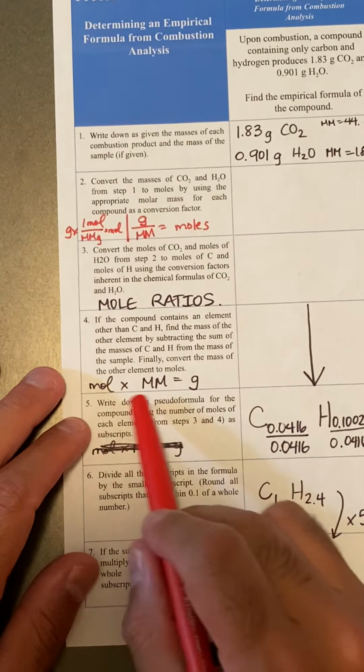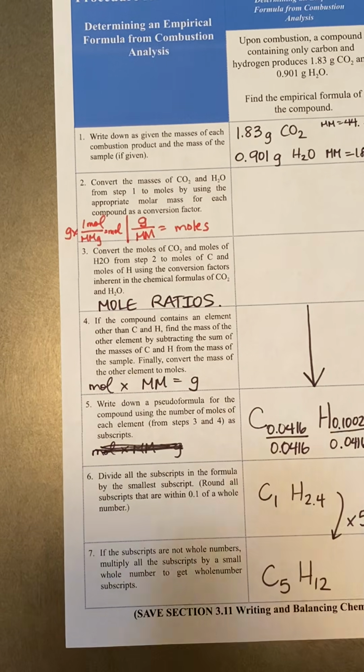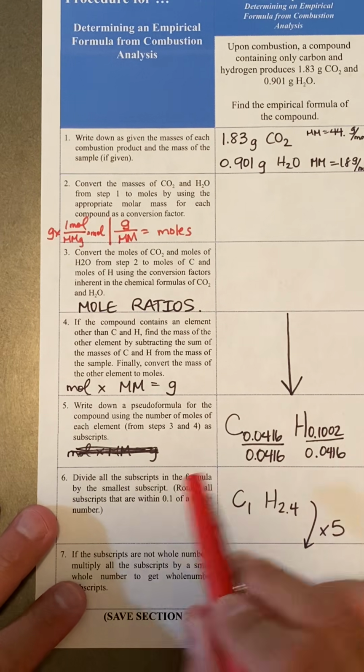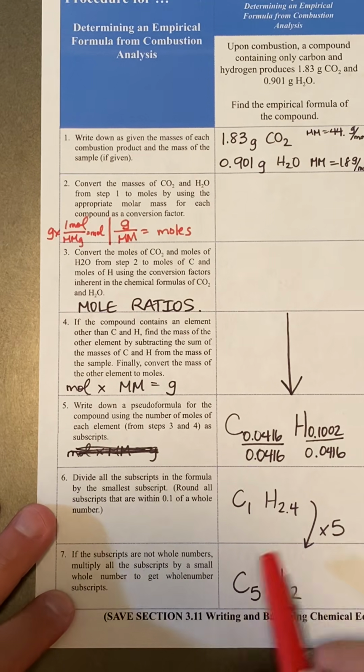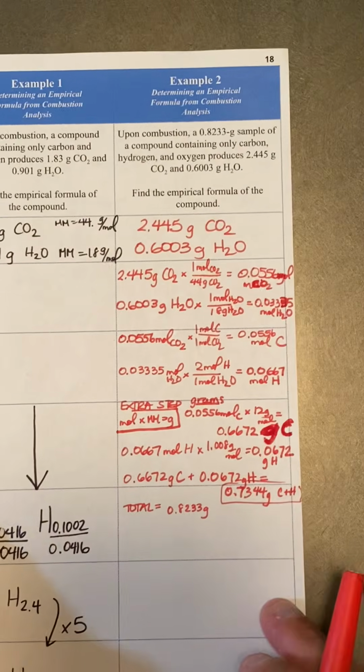And then write down a pseudo formula, because I'll have to convert those grams back into moles. I'll have moles of everything. I'll write them as small little subscripts, fake subscripts, divide by the smallest subscript, and then make sure the subscripts are whole numbers. So let's get back to that over here.